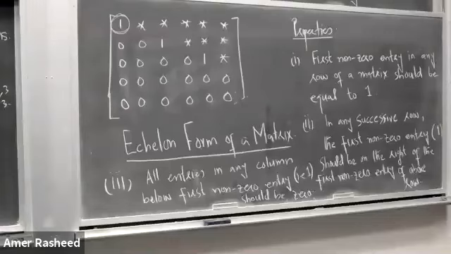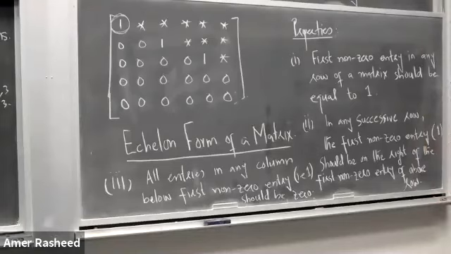Because in the second row, the first non-zero entry is not just after the first non-zero entry of the first row. When did I say that it is not possible? Is there anything like that in these three properties?